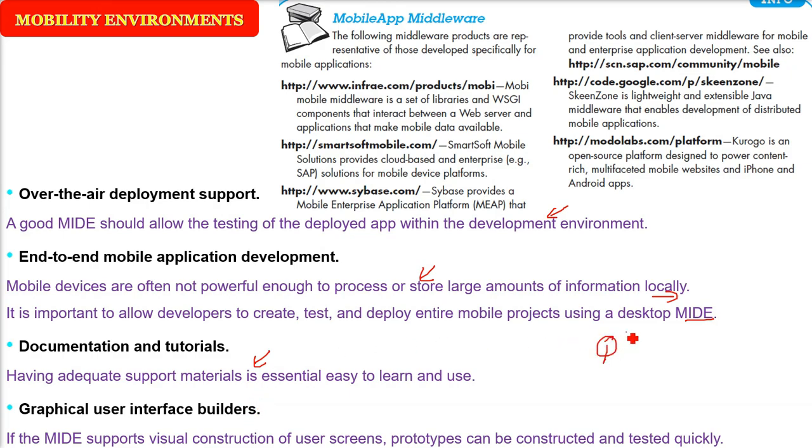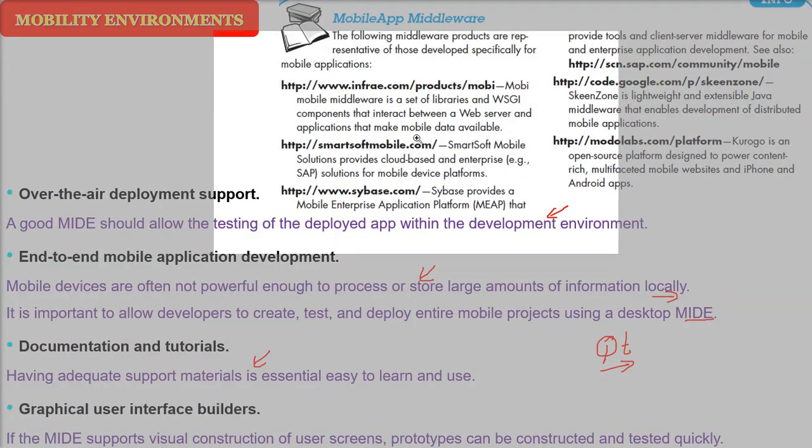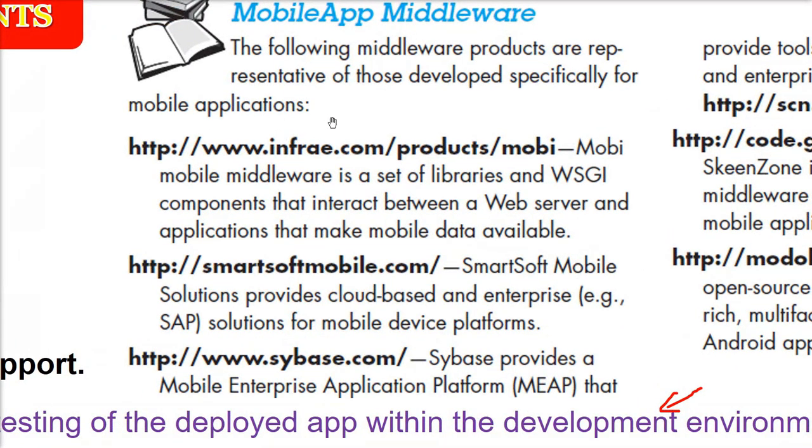Qt became popular just because we are able to design good user screens. So we can construct the prototype and test it quite quickly if we have a graphical user interface builder. Okay, so these are certain criteria to choose a MIDE as Yuan has suggested. Coming to the middleware. See, there are certain middleware projects.